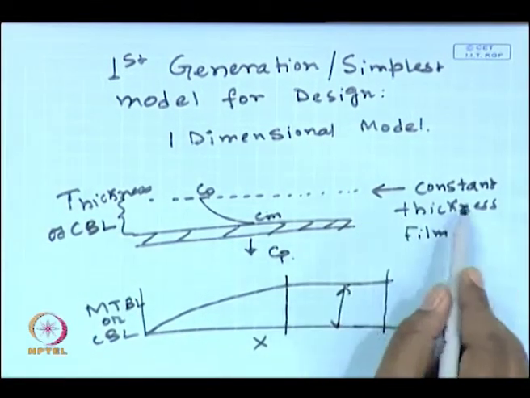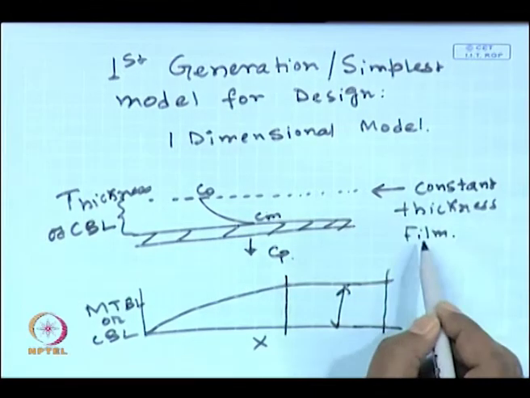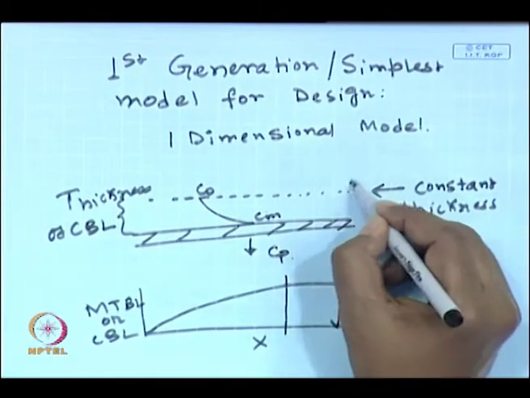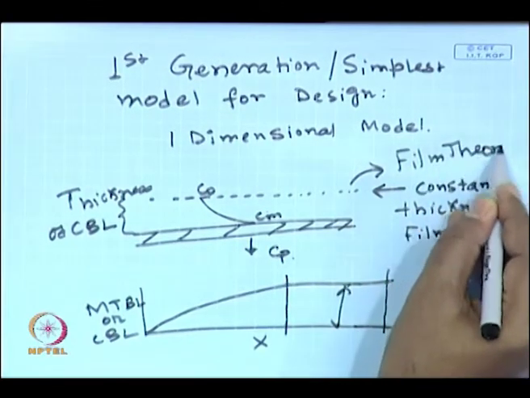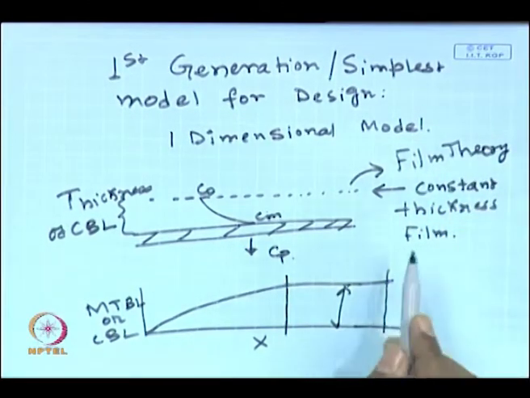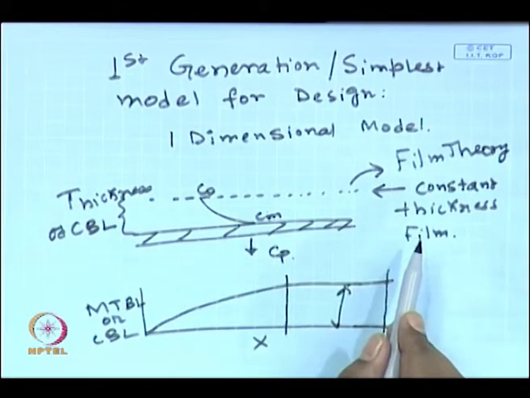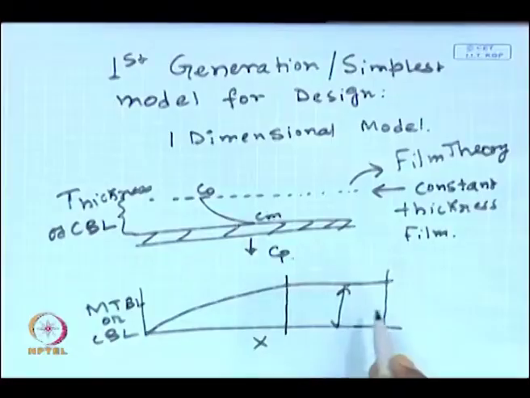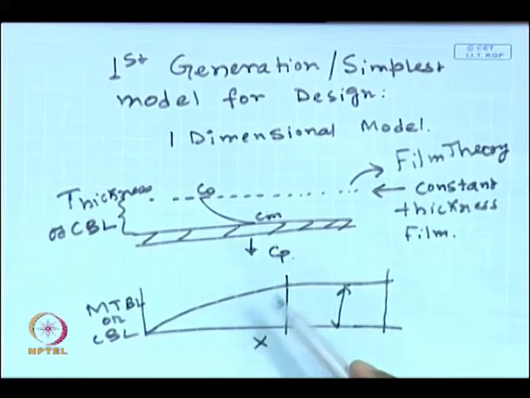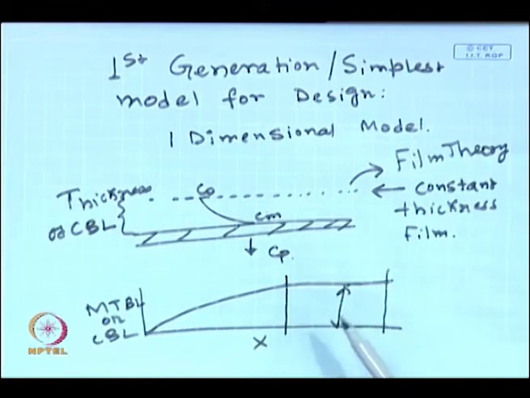Since we consider a constant thickness of the film, this theory is known as the film theory. Film theory is the first and the simplest model attempted towards the design of any membrane based separation processes.